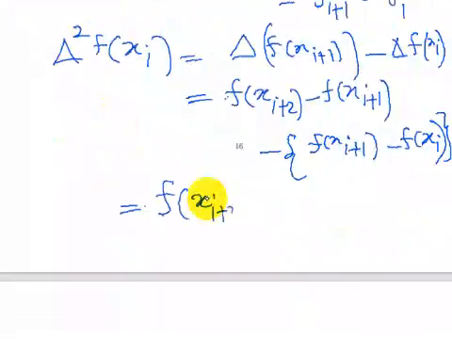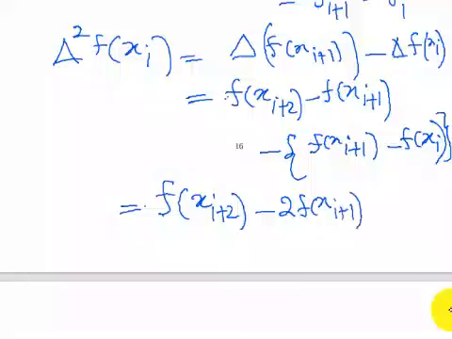And f of x_{i+2}, here negative, you get two terms, 2 times f of x_{i+1}, minus, plus, here minus becomes plus f of x_i.